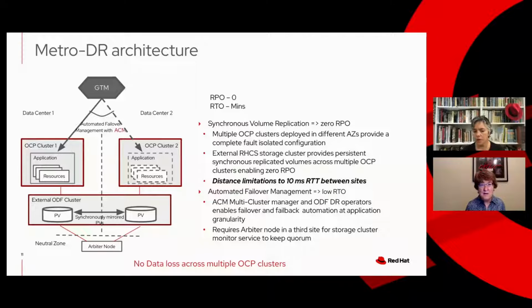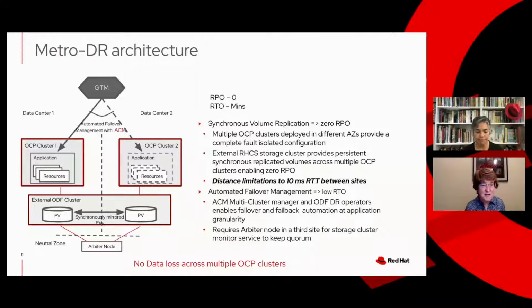Quick question. Are there latency restrictions on the Arbiter node as well? Good question. There are no latency restrictions for the most part. We're talking about maybe a restriction of 100 or 150 milliseconds. So for most realistic locations, that's not really a restriction.